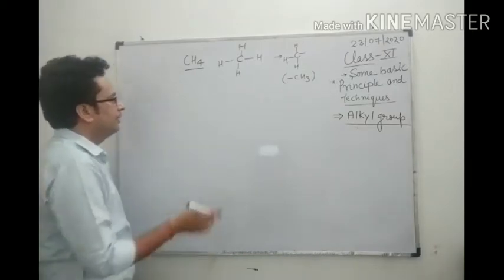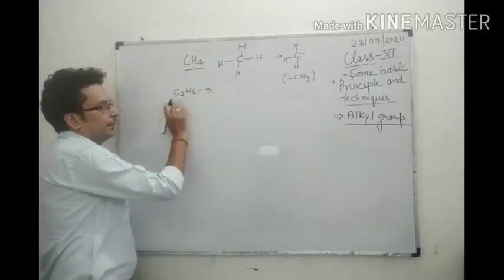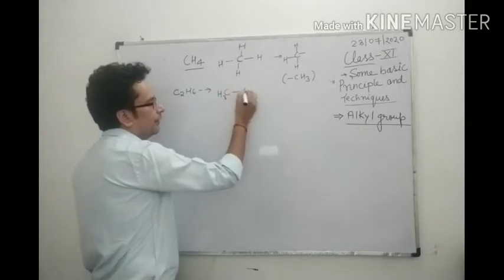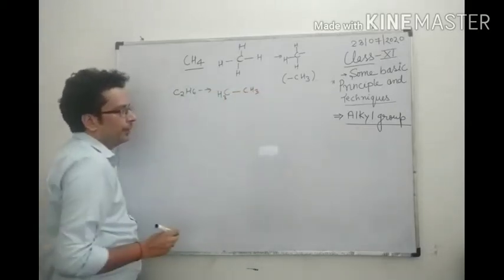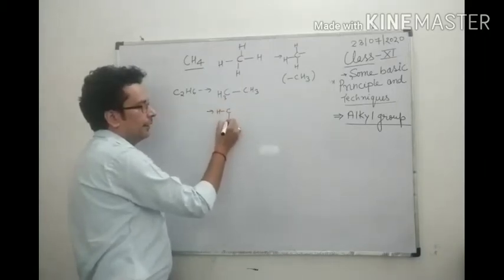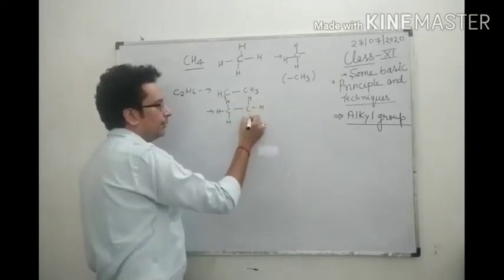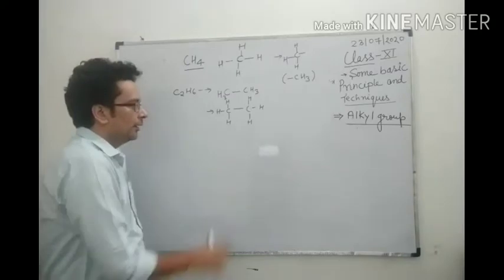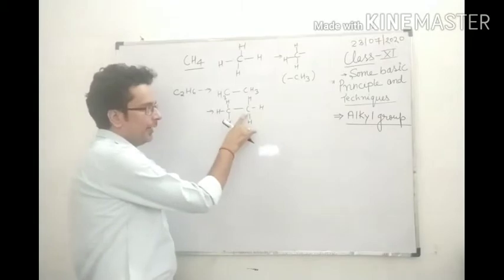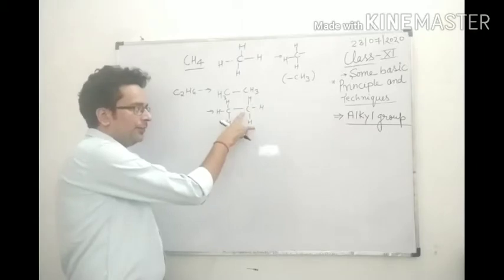In a similar way, look here, C2H6. This is the molecular formula and the structural formula is CH3 CH3. It can also be written with hydrogens shown. Now this carbon is a primary carbon, so these hydrogens are primary hydrogens. Why is this carbon primary? Because it is combined with a single carbon.